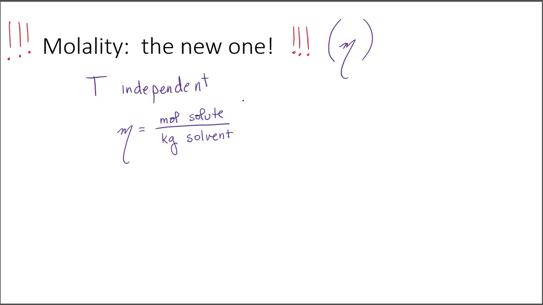Every other concentration unit, except for mole fraction, has been moles of solute to the entire solution or grams of solute to the entire solution. This one is moles of solute to kilograms of solvent. That's kind of weird, so it's just something that you really need to take into account.